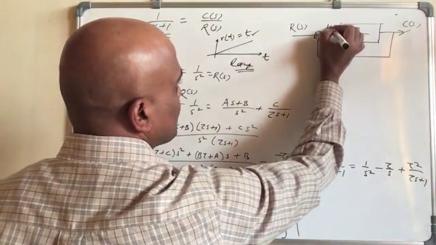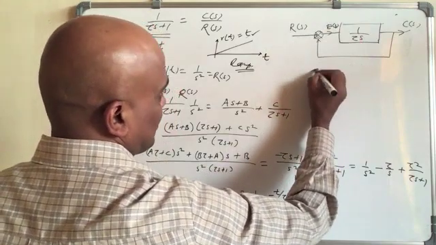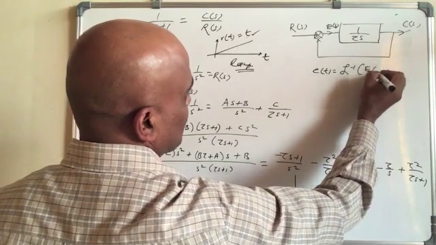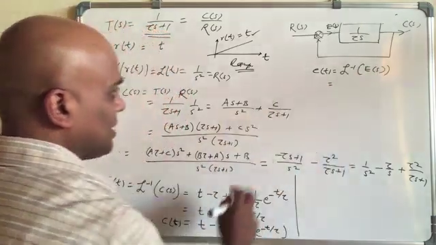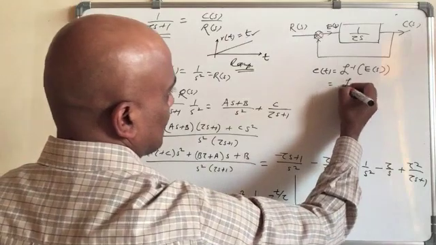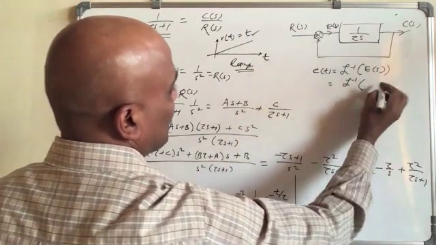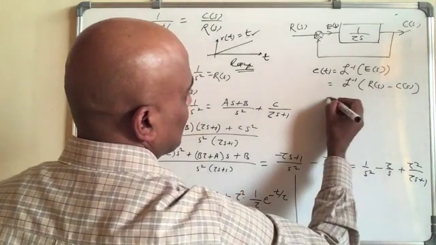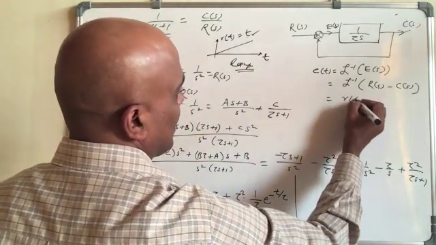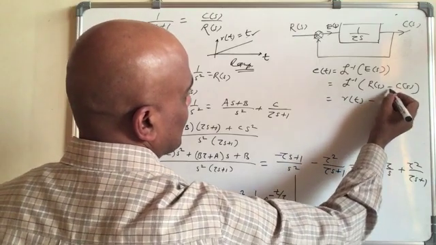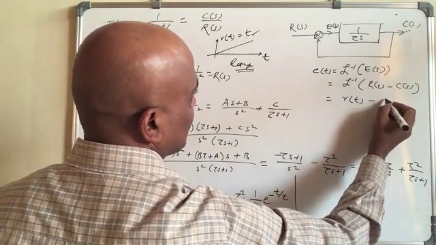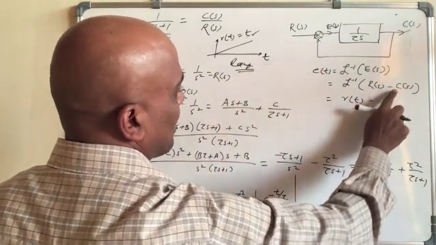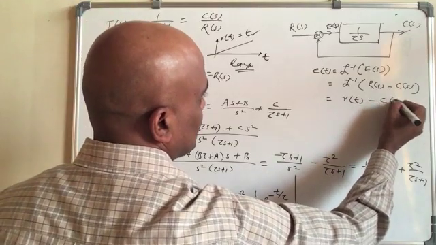So this is E(s), right? So e(t), the inverse Laplace transform of E(s), which is R(s) minus C(s), will be nothing but r(t) minus c(t).